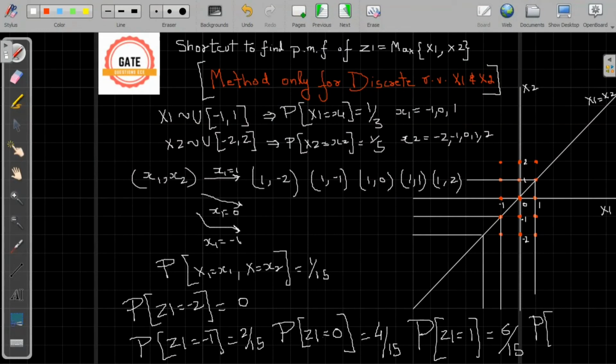Similarly, we can see what is the probability that Z1 is 2. For that, we draw a region with its corner lying on 2 comma 2.